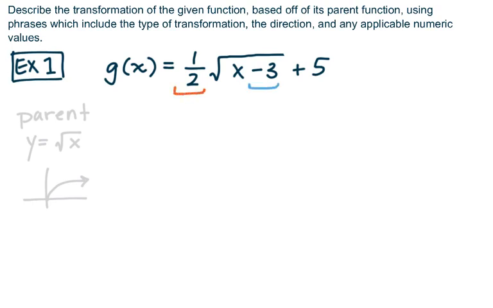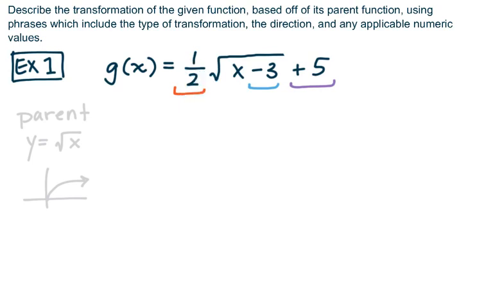I'm going to write a little bit less than I have in previous examples because we should understand these concepts now. We're just looking at applying them all simultaneously. So remember, for each of these numbers, we're going to look at the location and the operation. Let's focus on 1/2 first. 1/2 is on the outside of the grouping mechanism, so it's on the outside, vertical, and it's multiplied.